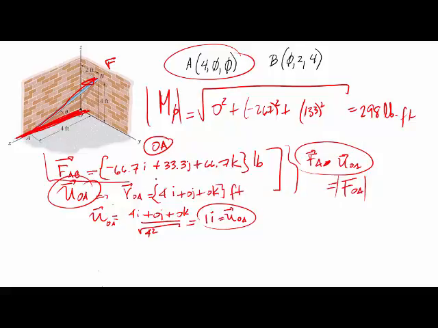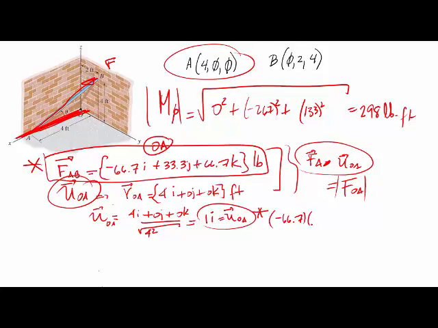Here's my F_AB and here's my unit vector. So it would be minus 66.7 times 1 plus 33.3 times 0 plus 66.7 times 0. So is it 1 positive?